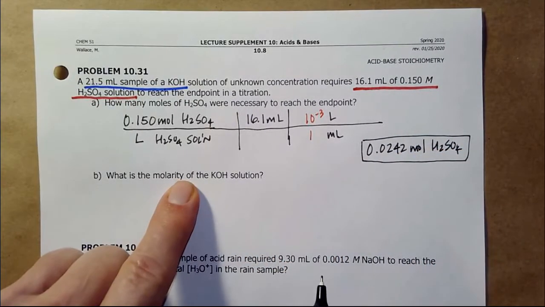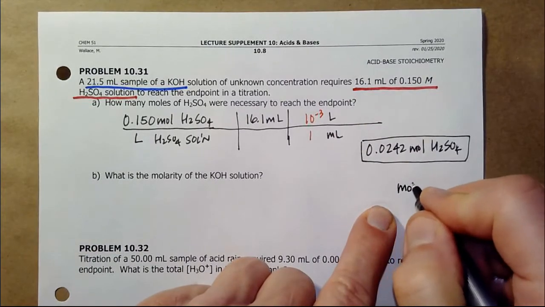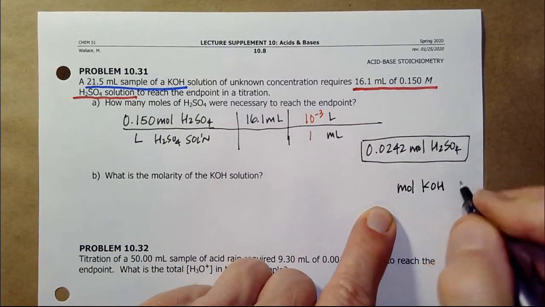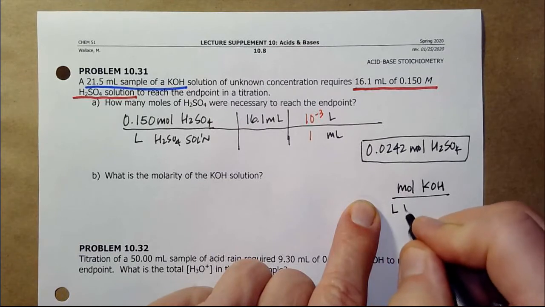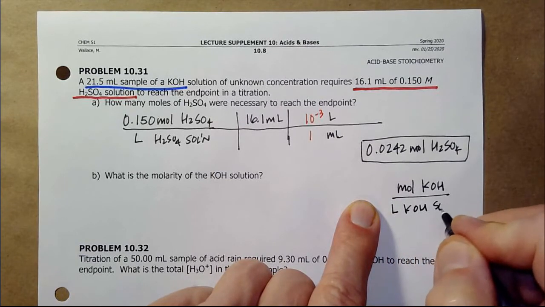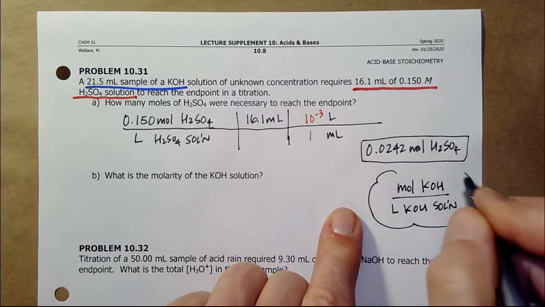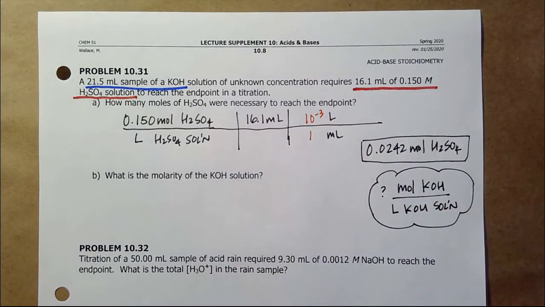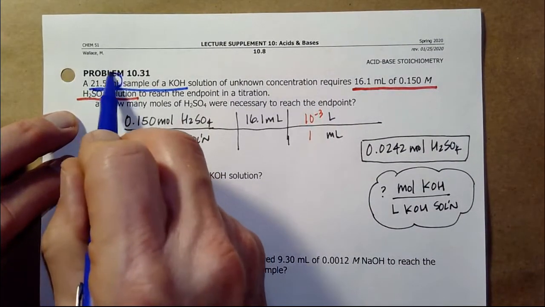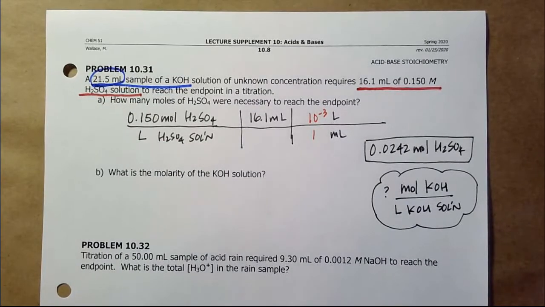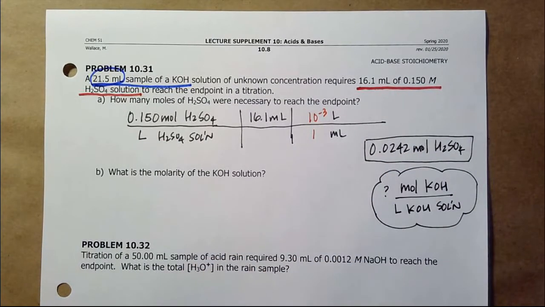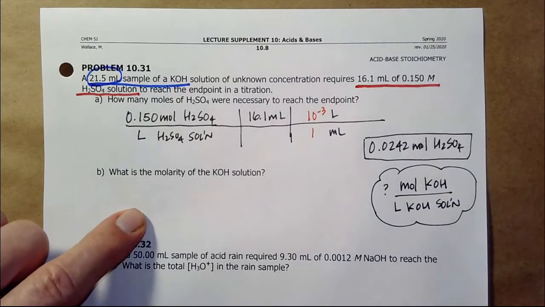Now, molarity of KOH, I need to get to moles potassium hydroxide per liter of KOH solution. Well, I've already been given the volume of the KOH solution. That'll have to be converted to liters, but that's no big deal. Well, how am I going to go from moles H2SO4 to moles of KOH? Well, I have to think about the balanced chemical reaction.